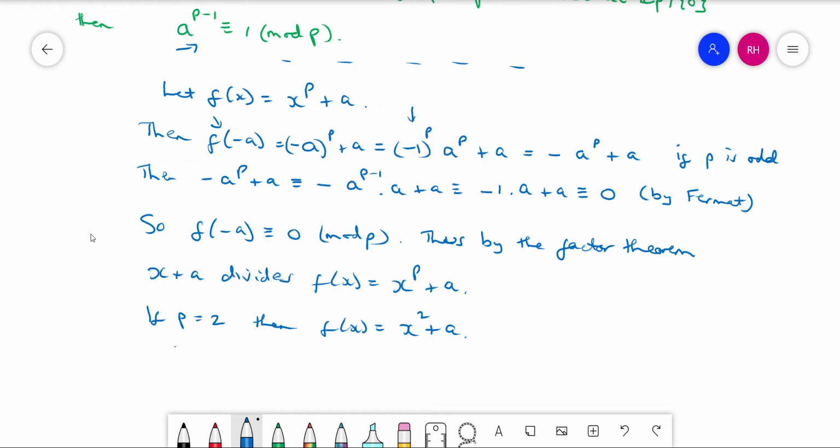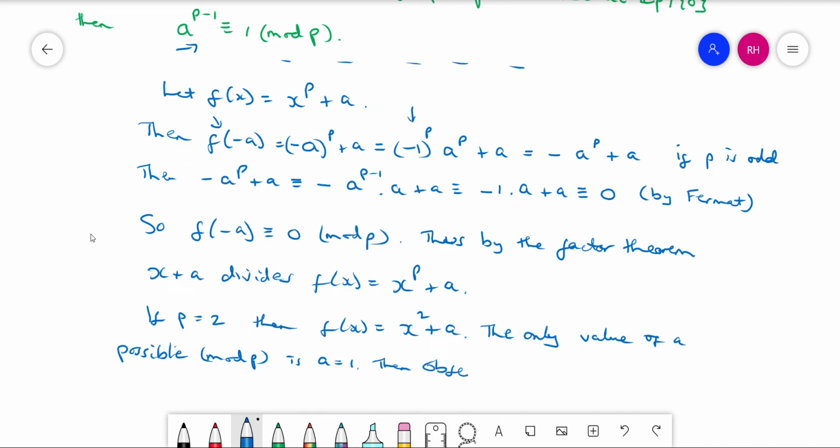Well, the only one is 1, so the only value of a possible, modulo p, this is mod p, is a equals 1.